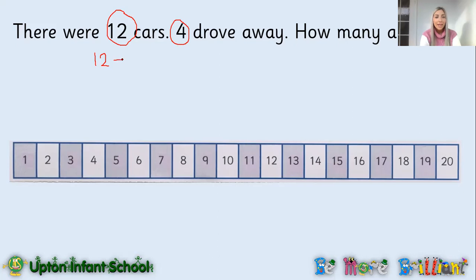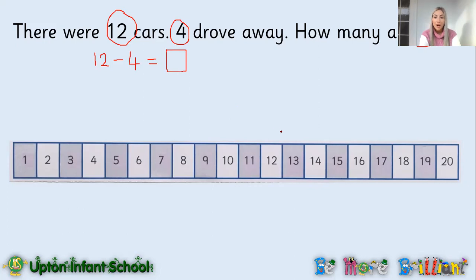So I am taking away 4. 12 subtract 4 equals. My question is, how many are left? So I need to find out how many are still in the car park. So I need to find my answer here.